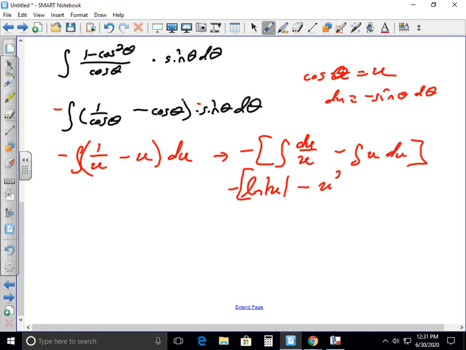U integrates into u squared over 2. Our u is cosine. We could distribute the negative, so this is going to be a positive u squared, so cosine squared over 2, or 1/2 times it, minus natural log absolute value of cosine.